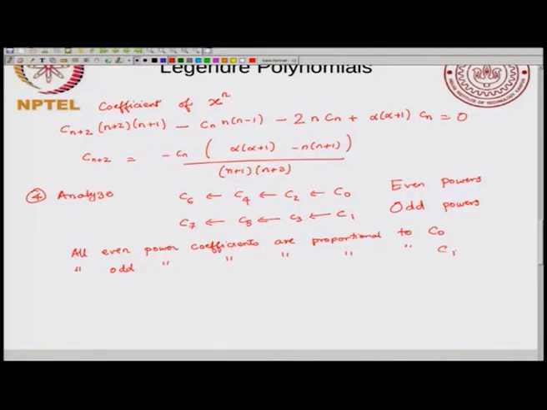So, basically I can write y by collecting all the even power coefficients: C0 times the sum of even power terms plus C1 times the sum of odd power terms.